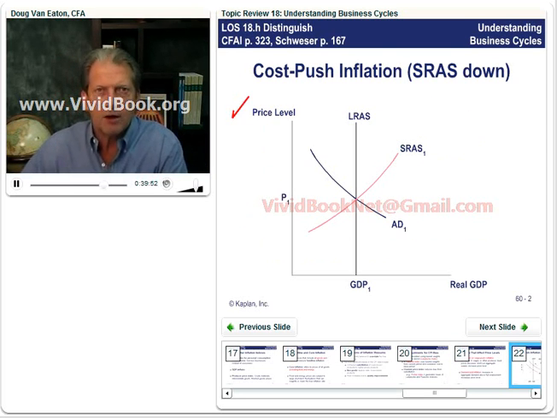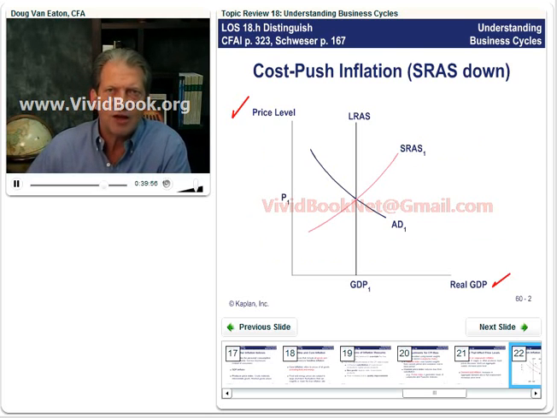Here we've got our price level over here, we've got real output of goods and services down here, and we are in an equilibrium situation on our short-run aggregate supply curve, our long-run aggregate supply curve, and here's aggregate demand. So here's how cost-push inflation starts.